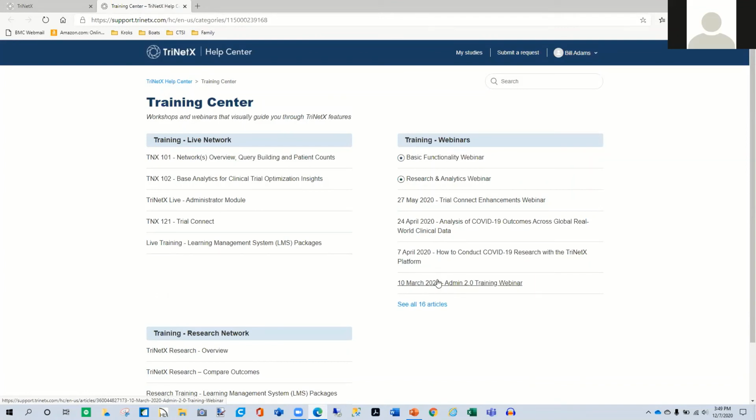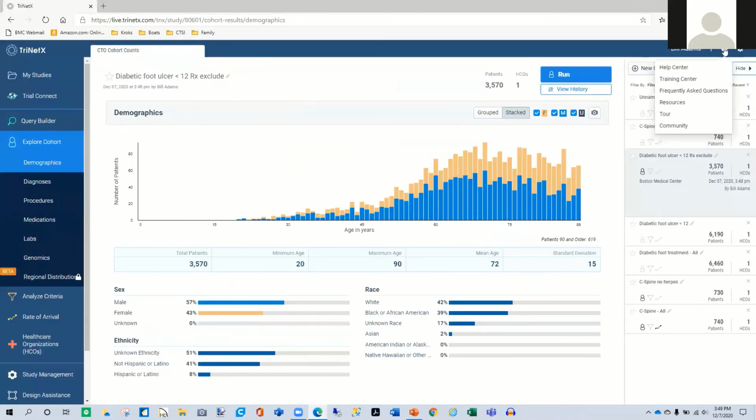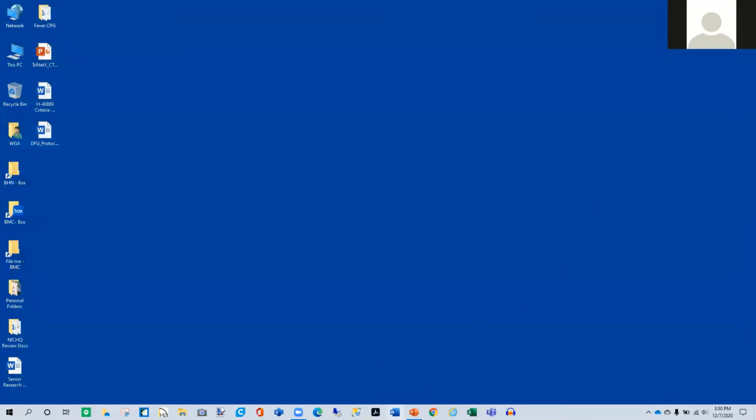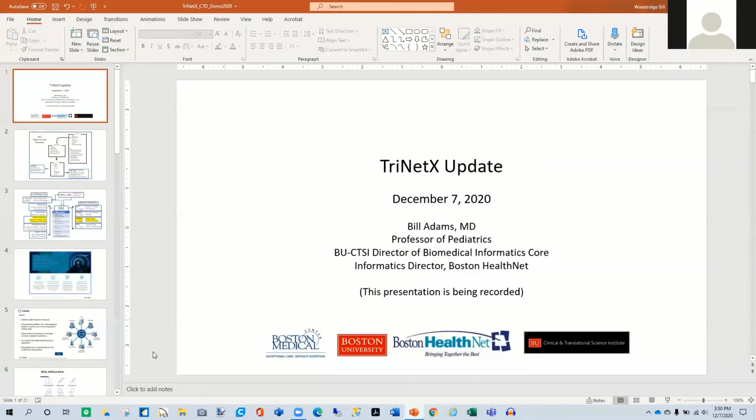Once you have access to the TriNetX system, you can see these things. They're not on the generic internet. You need to be able to log in to see them, but there's some really nice stuff here, and the ability to do some self-guided learning and stuff like that.